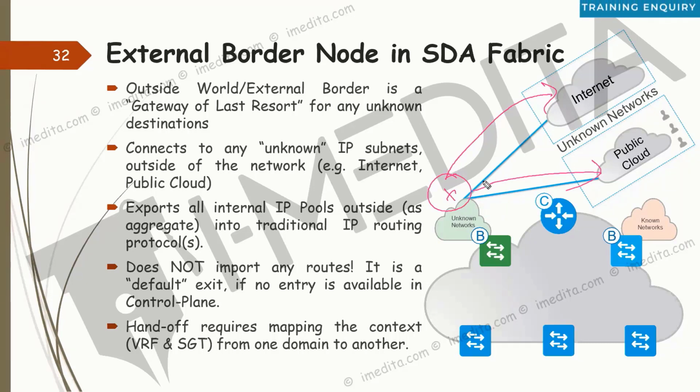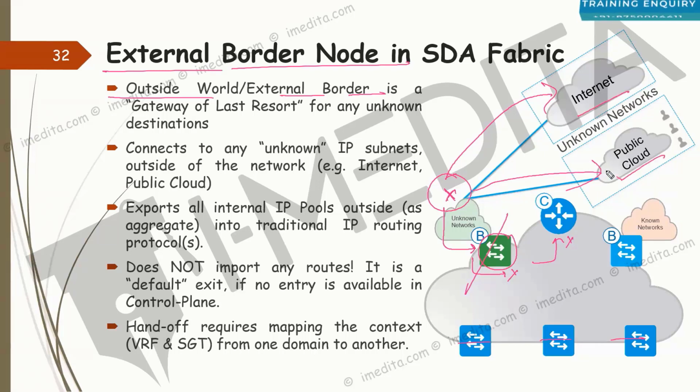But even if this router is receiving all the routes from the outside network, and the routes are getting advertised to this device, this border node, it will not import external routes into the SDA domain. This external border node is the gateway of last resort for these devices to reach any unknown destinations.